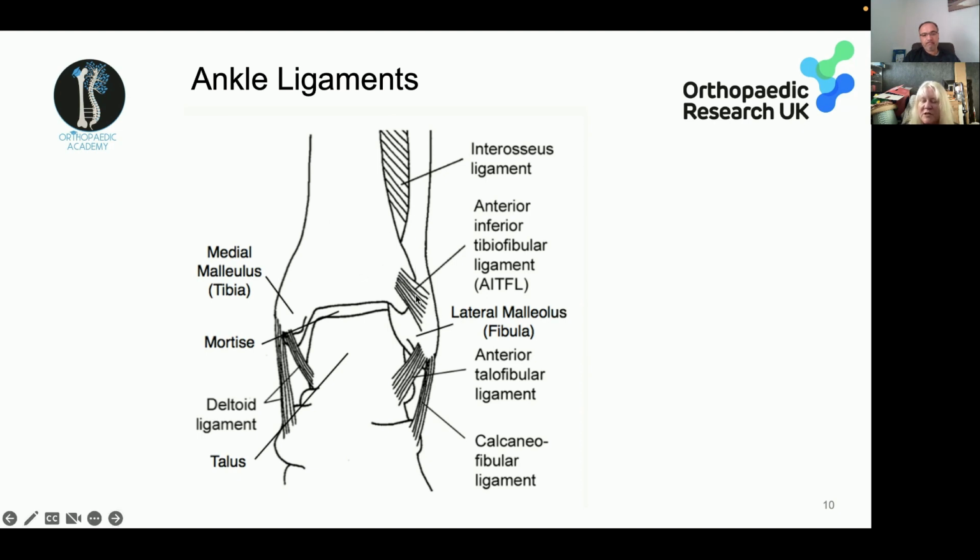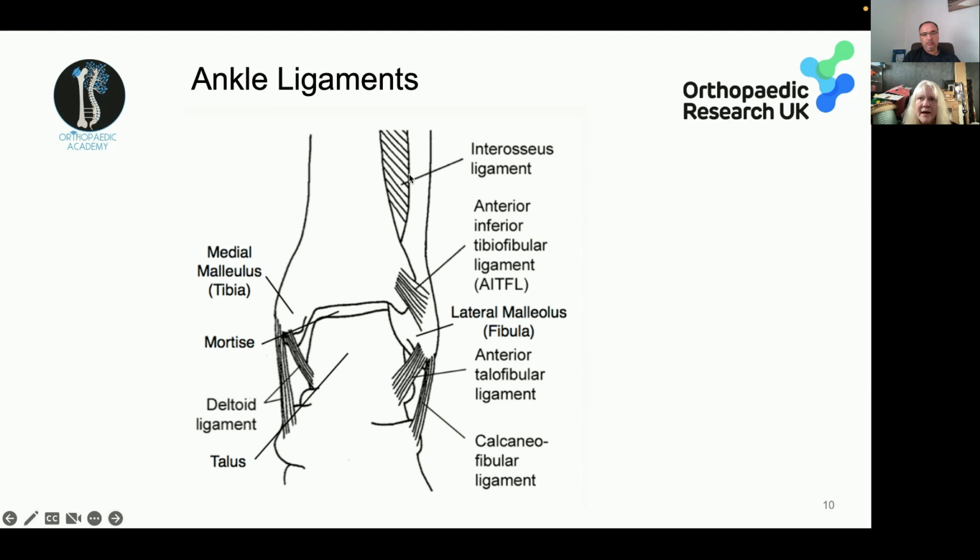This is important when we start to look at classification of fibular fractures. So we're going to keep an eye out for this area here. The interosseous ligament runs from above the syndesmosis, between the tibia and fibula, almost all the way up to the neck of the fibula. Okay. Now, if you have something called a Maisonneuve injury, this ligament is torn.